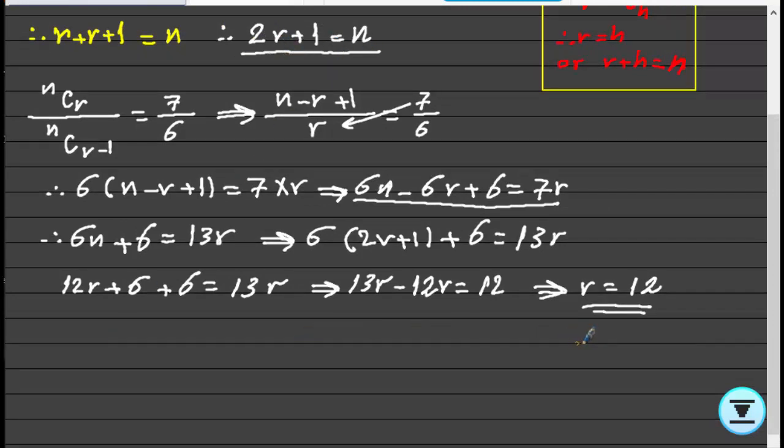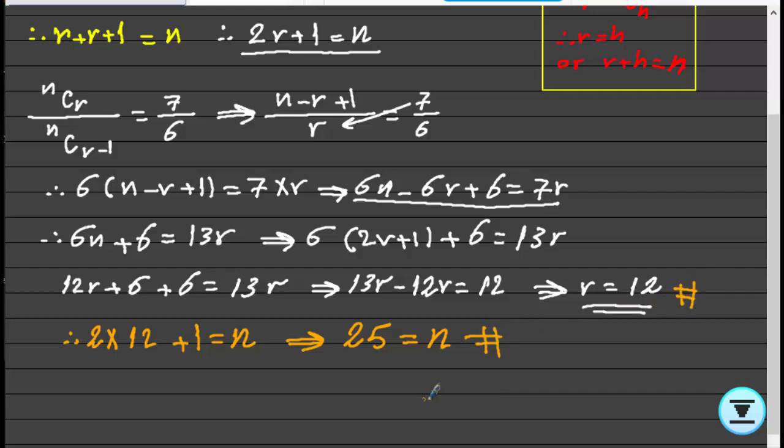When r equals 12, so 2 multiply 12 plus 1 equals n. So 2 multiply 12, it's 24, plus 1 equals 25. n equals 25, and r equals 12, and this is the solution.